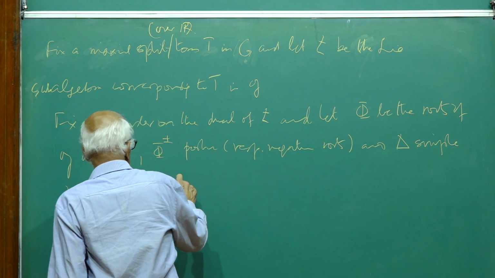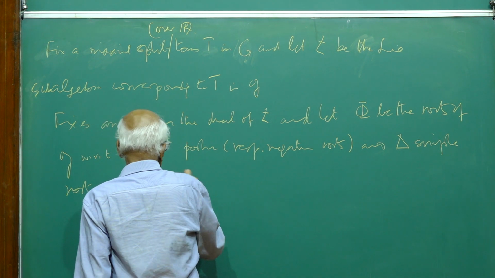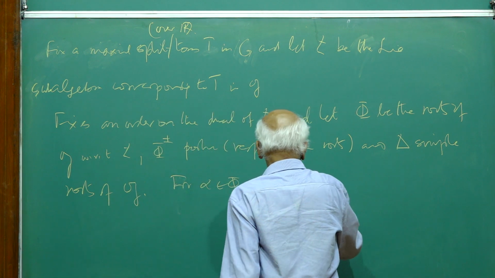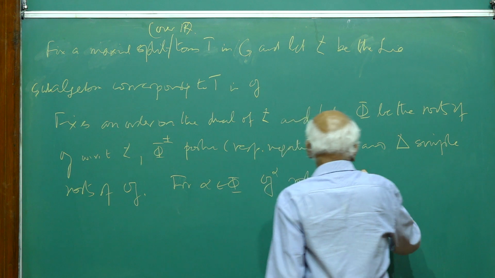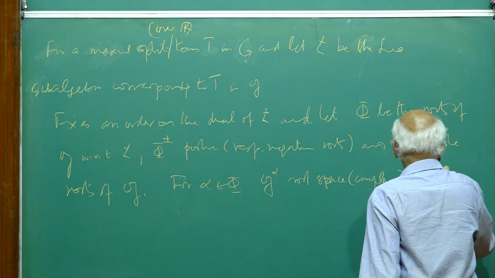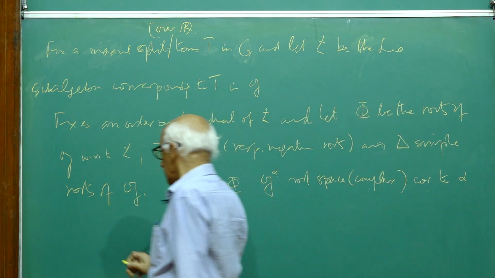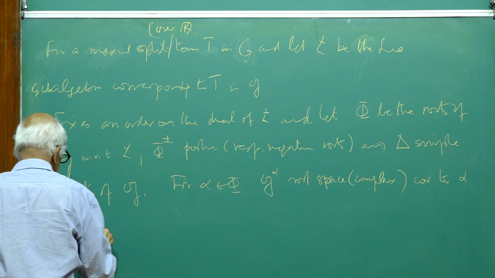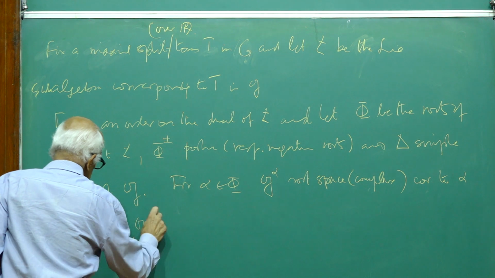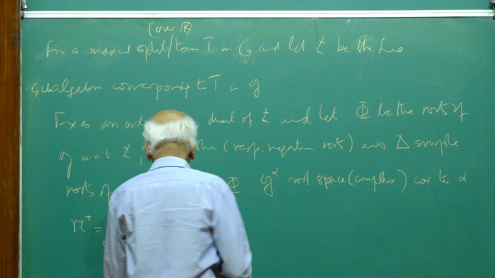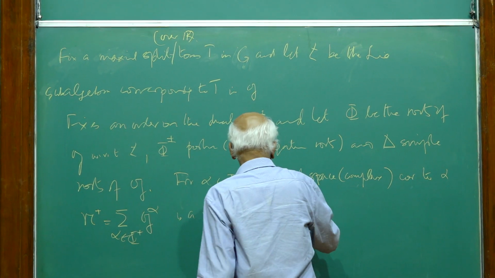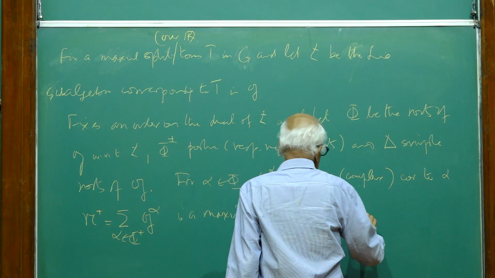Let me also denote by 𝔤_α, for α in Φ, the root space, necessarily complex, corresponding to α, and let me denote by 𝔫⁺ the sum of the 𝔤_α over positive roots. As is well known, this is a maximal ad-nilpotent Lie subalgebra.